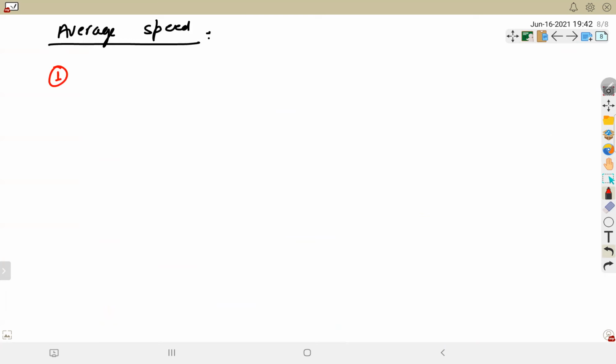Okay, so average speed calculate करने के कुछ specific type के cases होते हैं. That let's see. 9th में वैसे आप ये सारे कर चुके हो. थोड़ा सा उसी में हल्का फुल्का ऊपर नीचे.